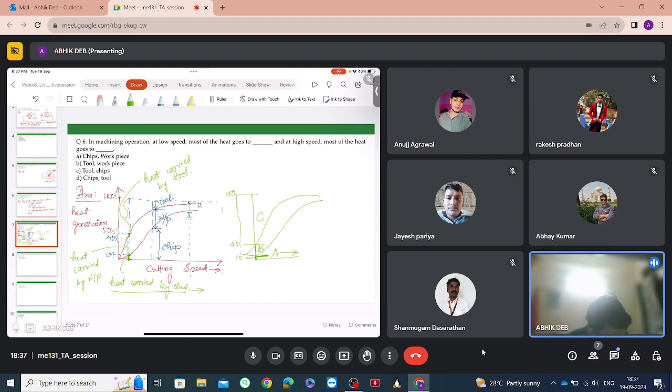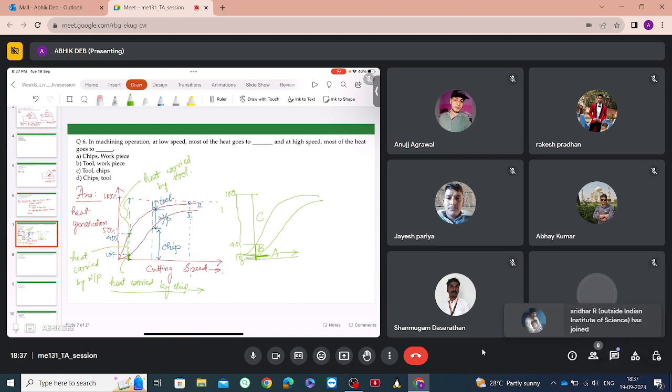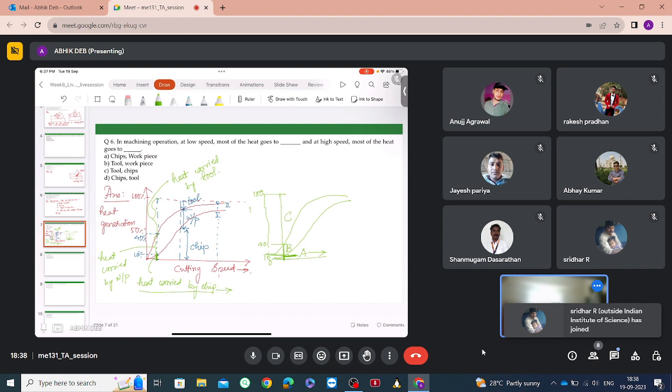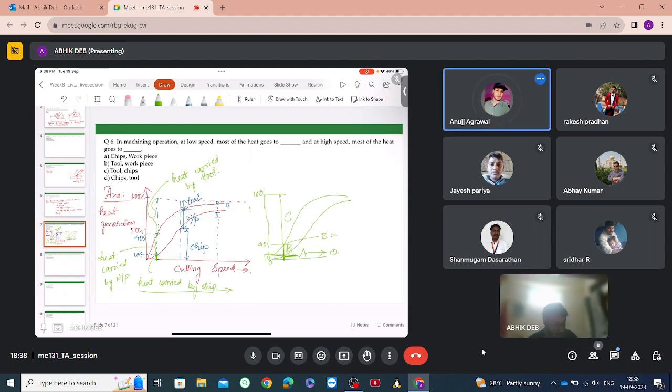Then if this is 10 and this is 0, what is the value of a? 10. Yes. What is the value of b? 30. Yes. And what is the value of c? 60. Yes. Can you now tell me what is the heat carried by the chip? 10%. Yes, heat carried by the chip is 10%.